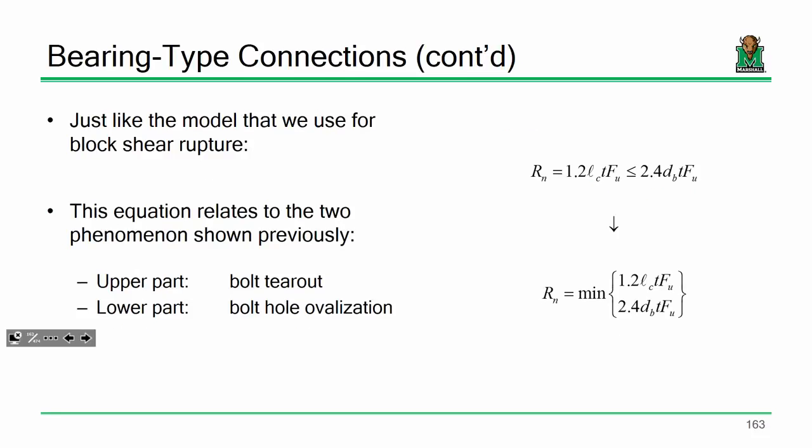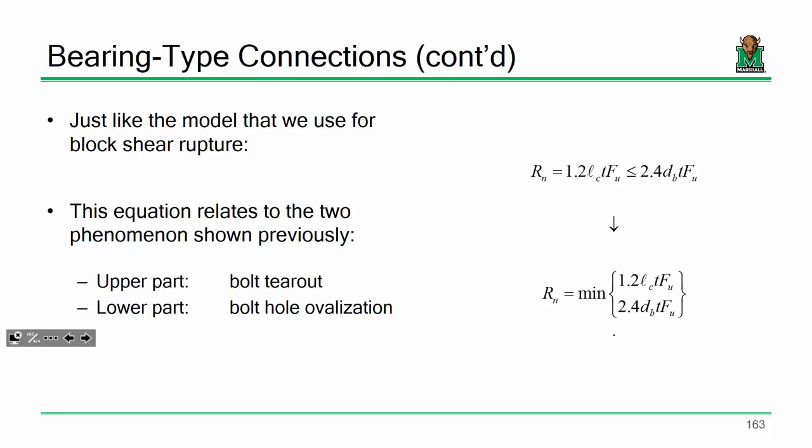Let's talk a little bit about this equation, see if we can simplify it a little bit. Remember, anytime you have a pile of junk that's less than or equal to another pile of junk, that's just the minimum of those two quantities. So another way of writing that is it's either the minimum of 1.2 L_C t F_U or this one, 2.4 d t F_U. Now, in terms of behavior, it's pretty simple.